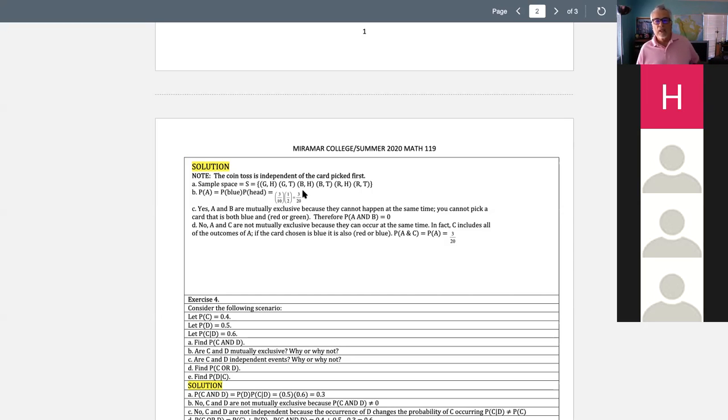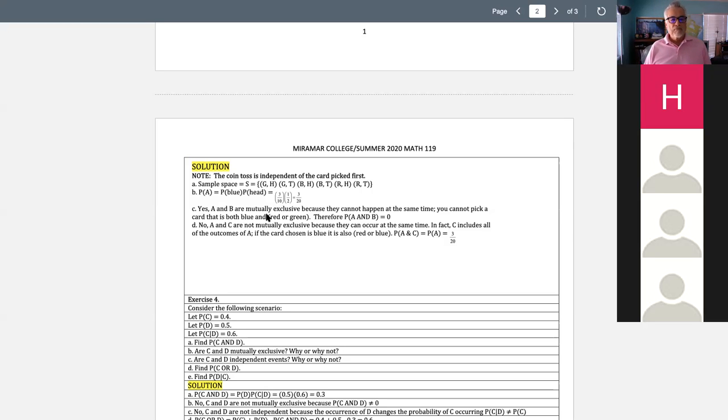When 2 events are independent, their conditional probability does not depend on the event that you're conditioning on. So the probability of A given B is equal to the probability of A if the 2 events are independent. That is, B has no influence on the outcome A.